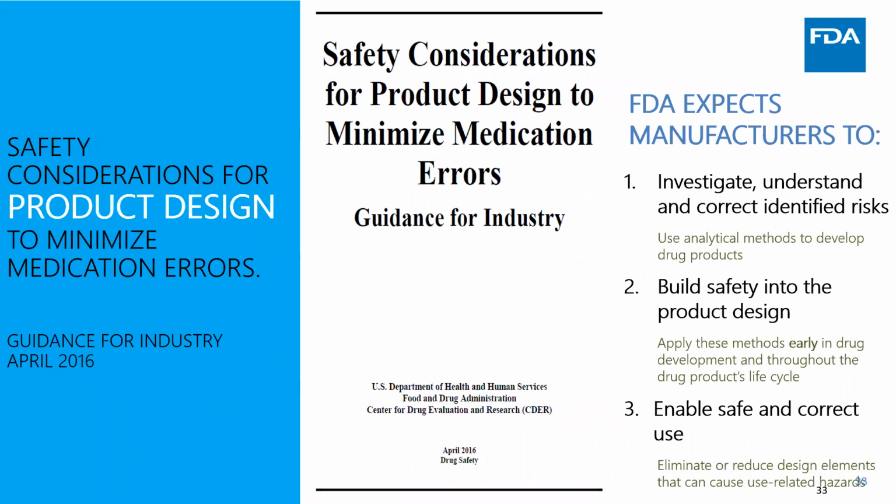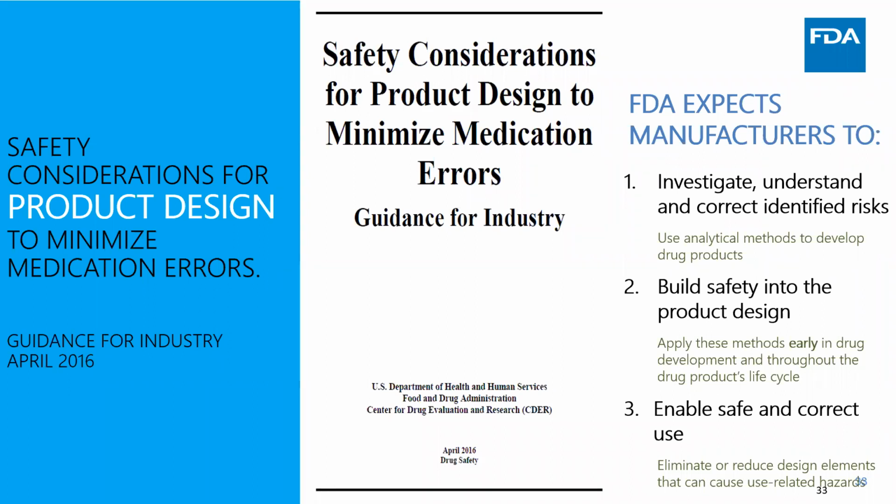So the guidance for industry, Safety Considerations for Product Design to Minimize Medication Errors, which was finalized in 2016, provides a set of principles for using a systems approach to minimize medication errors related to product design and container closure design in order to enhance patient safety.